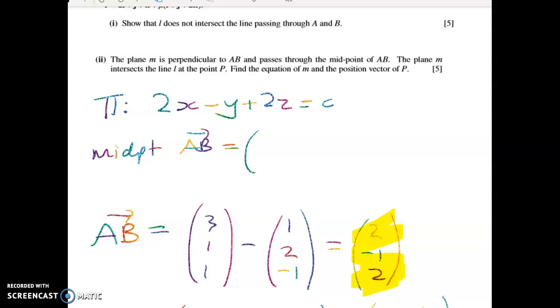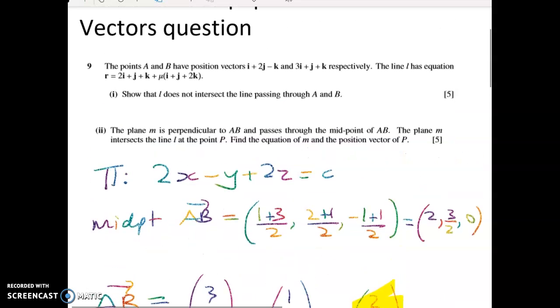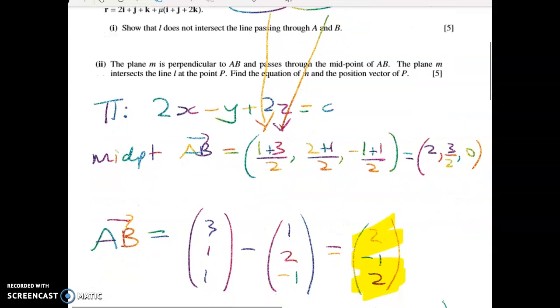So if we go back to what A and B were, it's going to be this: 1 plus 3 over 2, 2 plus 1 over 2, and -1 plus 1 over 2, which gives us 2, 3 over 2, and 0. So where did that come from? Well, back up in here, we had a position vector for A and a position vector for B. So I've taken those and put them in here to get the midpoint.